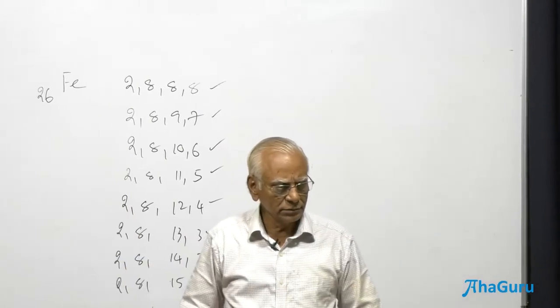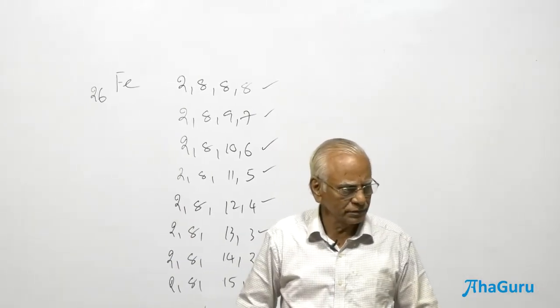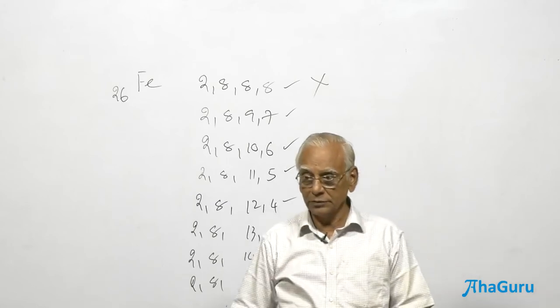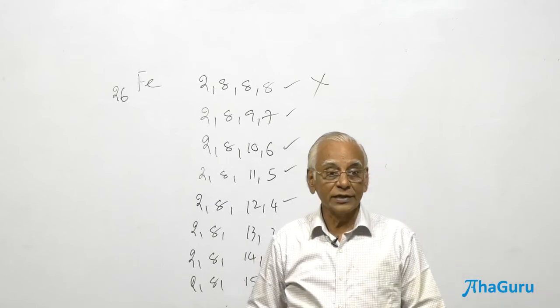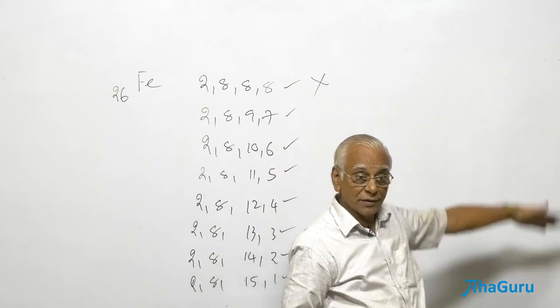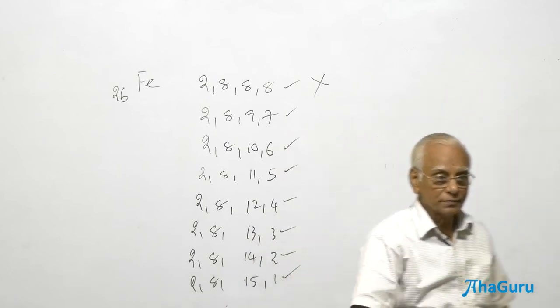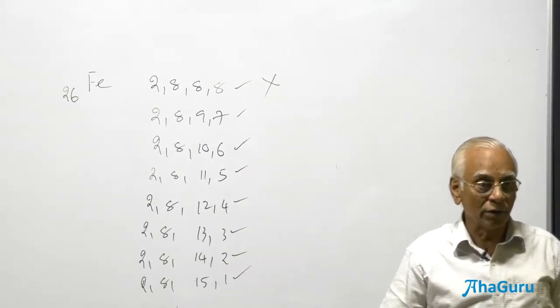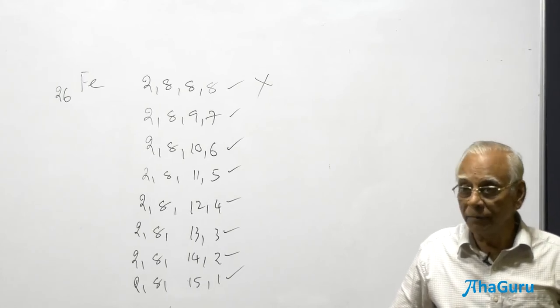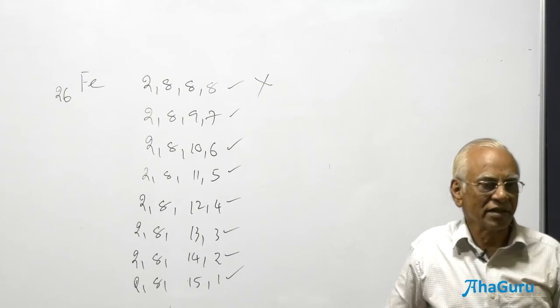Yes. All of them must be right. I can rule out the first one. It has an octet. If it is an octet, then it should be similar to inert gases. It should be unreactive. Iron shouldn't have undergone rust formation.